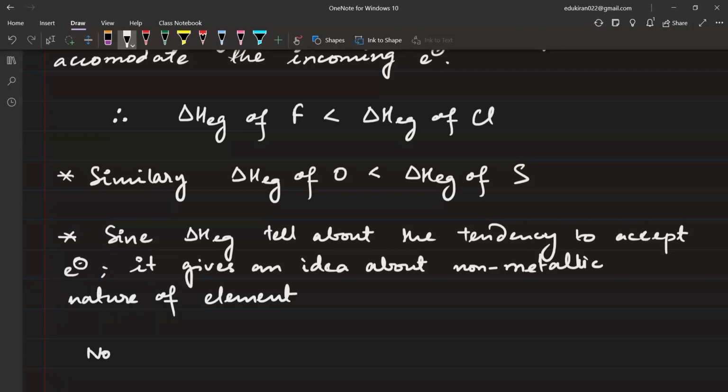So non-metallic nature will be directly proportional to the delta Heg. Again, I am talking only about the value, not the negative sign.